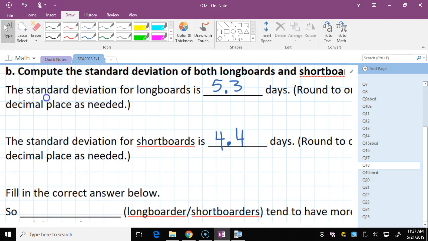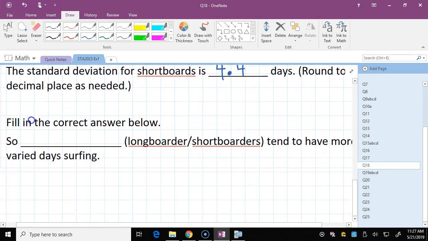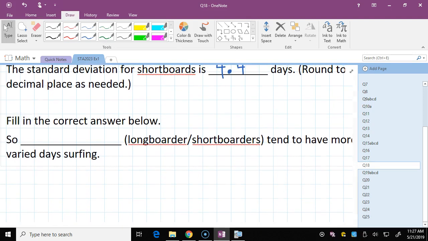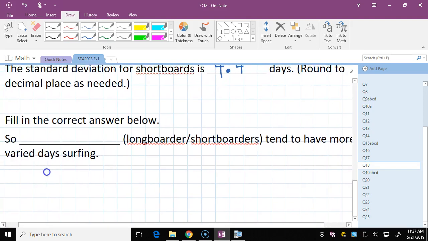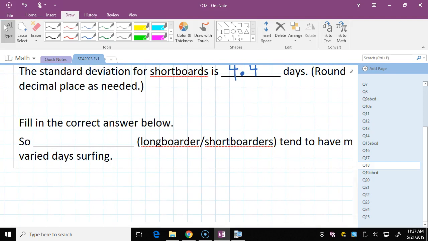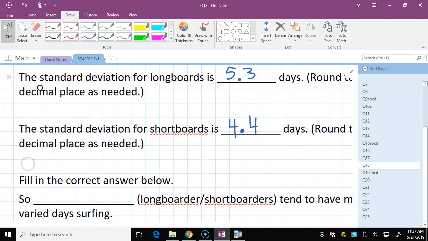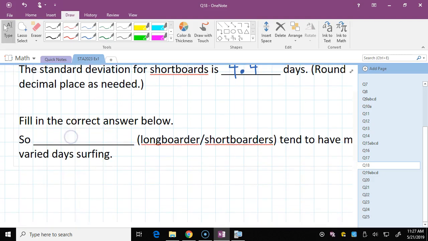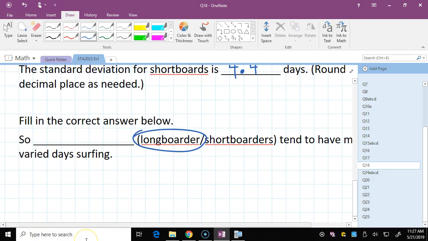And then down below, blank tend to have more varied days of surfing. The longboarders, because they had the higher standard deviation. So their variation of days is larger. Cool? All right.